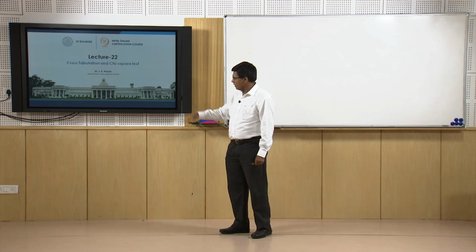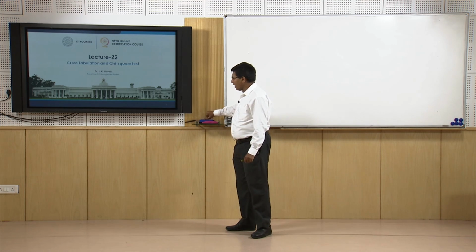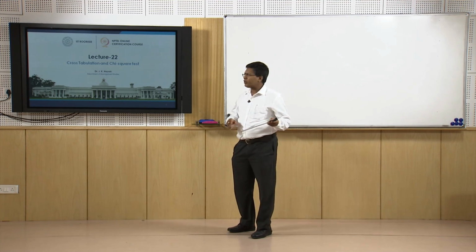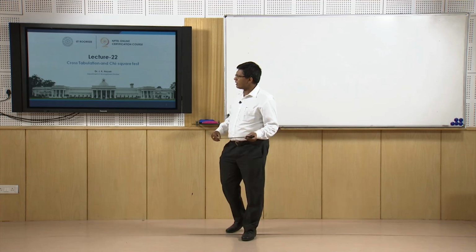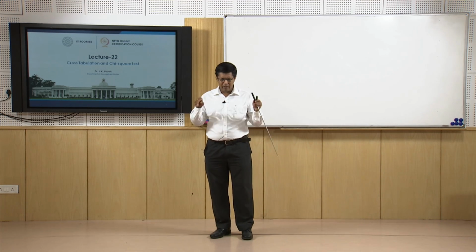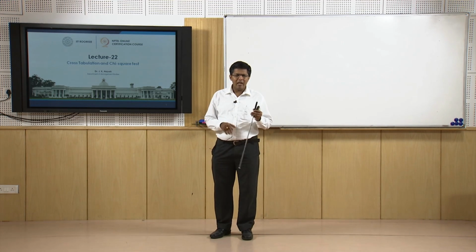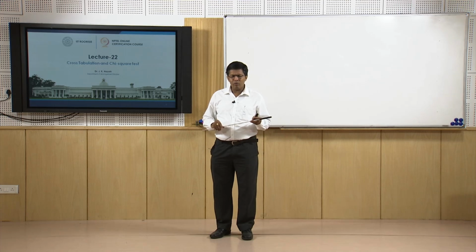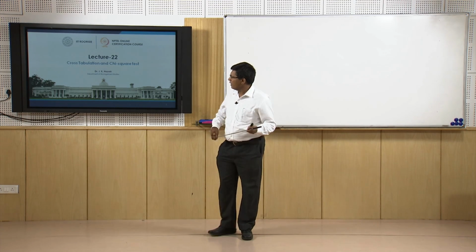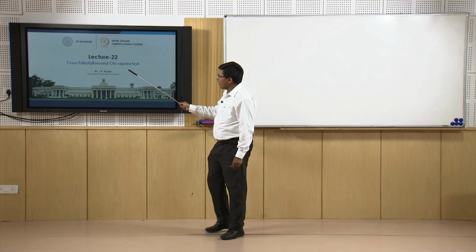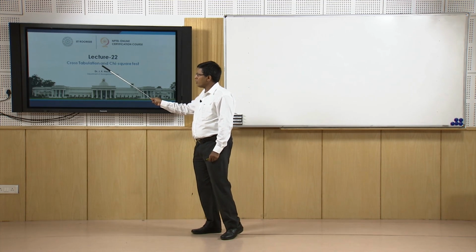It is called cross tabulation, right. In cross tabulation, you put the data in a tabular format and see what their pattern is. And the chi-square test is part of cross tabulation.